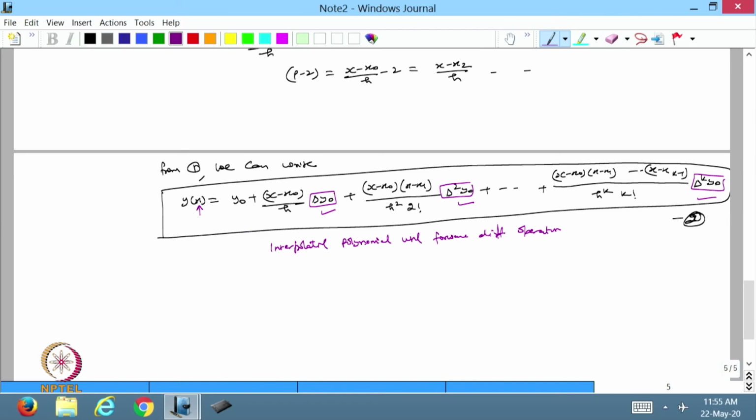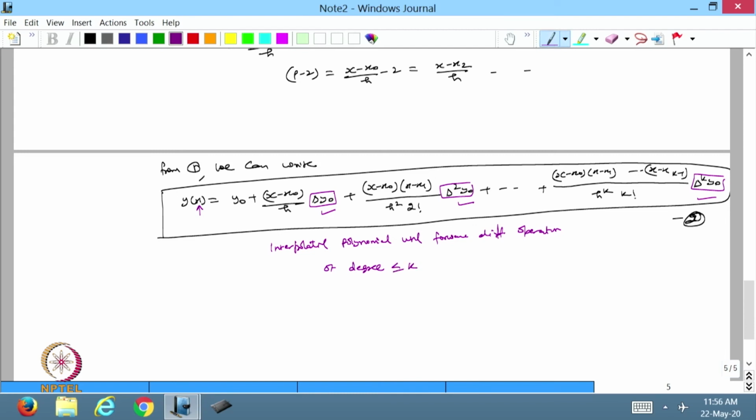So, from here I can say this is the interpolating polynomial using forward difference of degree. I am going up to x k minus 1, so the degree will be k. So, maximum it will be k. So, its degree will be less than or equal to k.